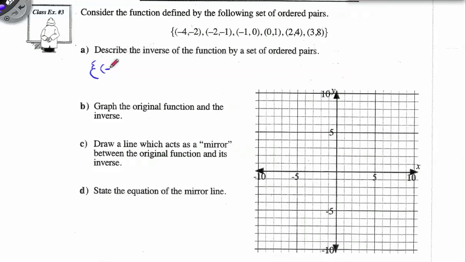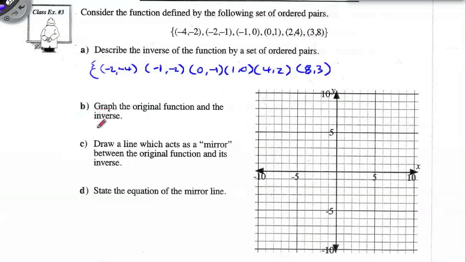The points on the inverse would be -2, -4, and then -1, -2, and 0, -1, and 1, 0, and 4, 2, and 8, 3.